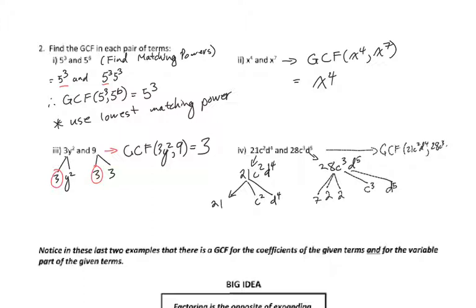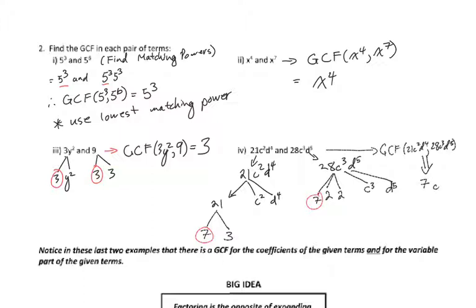So let's make sure we do that after we finish writing this GCF. So the GCF is going to be based on, well, 21 is going to be broken down into 7 and 3. So for the coefficients, the greatest common factor is going to be 7 between the two of them, the 21 and the 28.